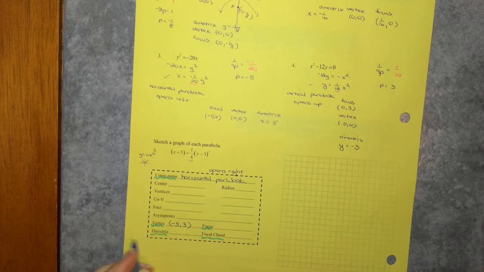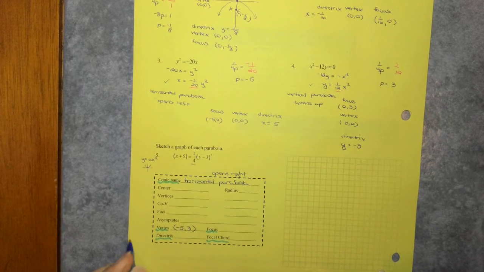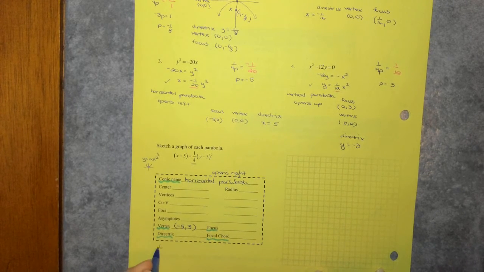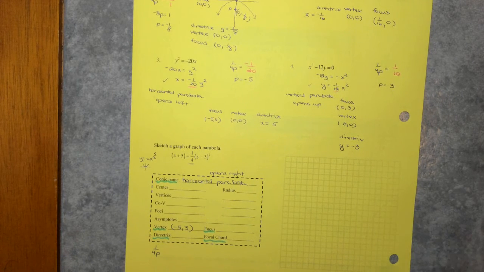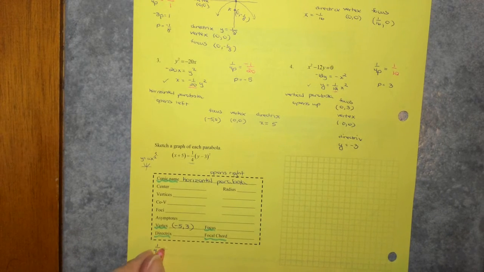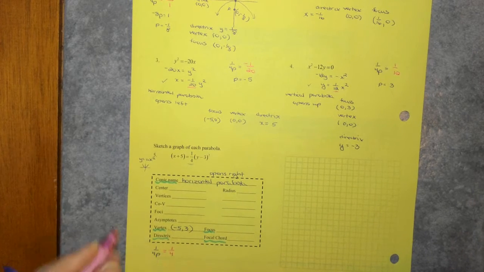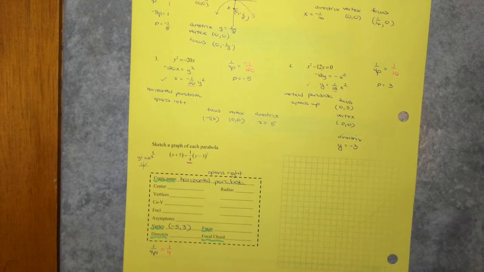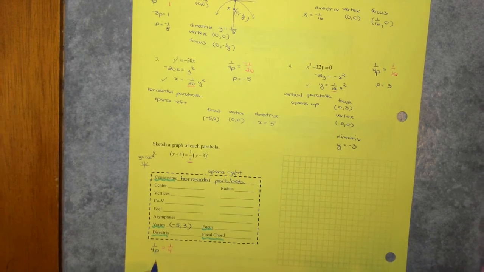To get the focus and directrix, we want to make sure that we figure out what the value of p is. So I'm always going to encourage you to show that work. 1 over 4p is our traditional starting spot. That's going to equal 1 over 4, because that's our coefficient on the squared term, which is going to allow us to get a p-value of 1.